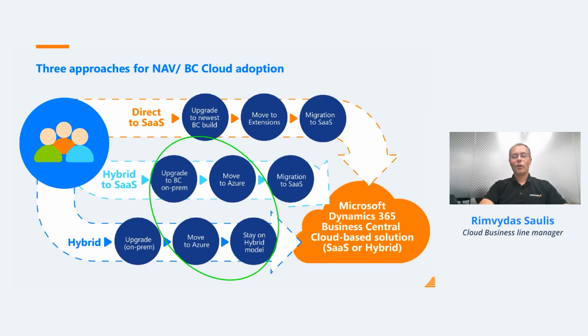For others who are facing those issues, there are two other ways. The middle one, which we see very frequently, is some kind of phased approach. The first phase is to upgrade to the version that is cloud compatible. You upgrade your customer to the cloud-compatible version, and then you move your on-premise customer installation to Azure, which will become the on-premise version hosted on Azure.